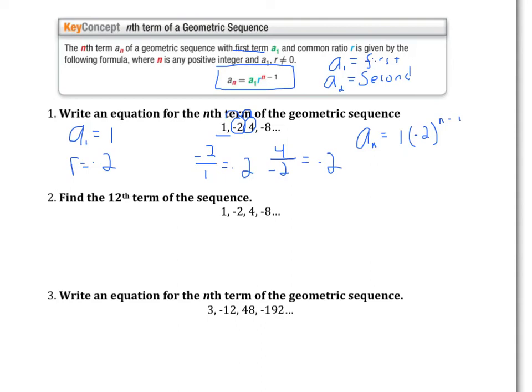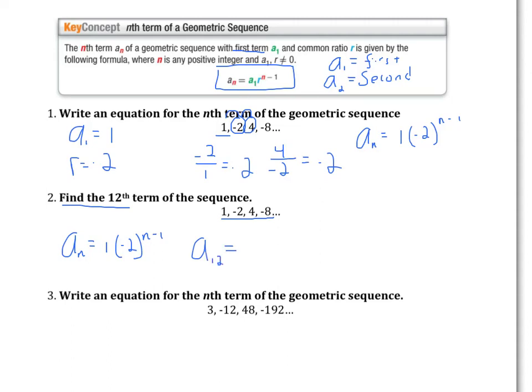So, now they want us to find the 12th term of the sequence. As you can see, it's the same sequence that we talked about before. So we know the formula for this. A sub n equals 1 times negative 2 to the n minus 1. So if we want to find the 12th term, that means we want to find a sub 12.